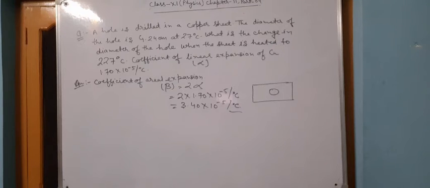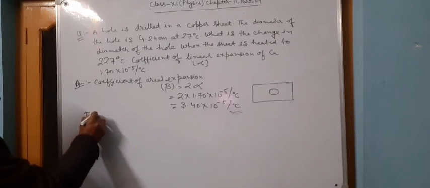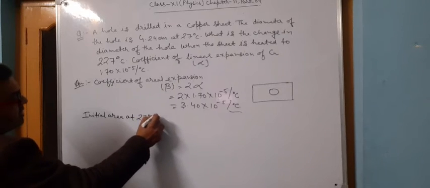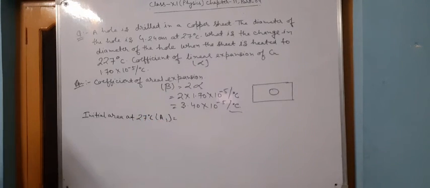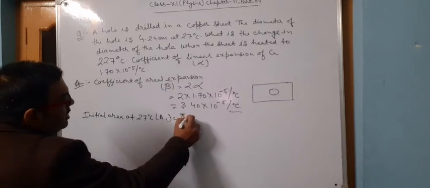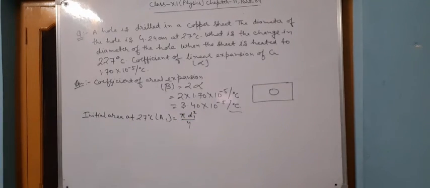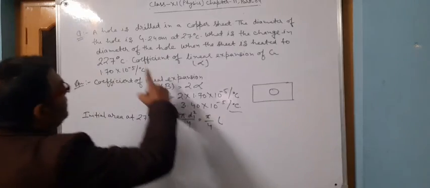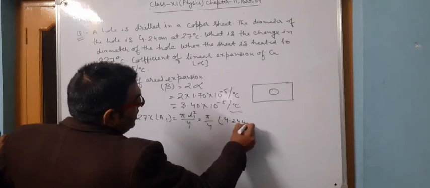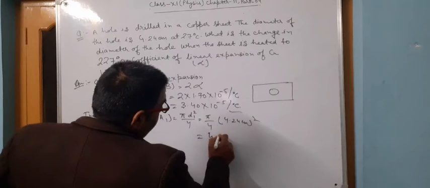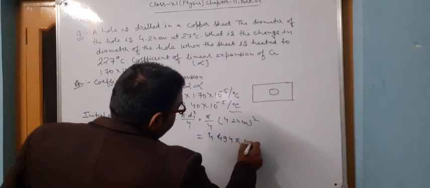So initial area A1 at 27 degree Celsius is equal to pi d1 square upon 4, or pi upon 4 into 4.24 centimeter square, and on calculating it we get 4.494 pi centimeter square.